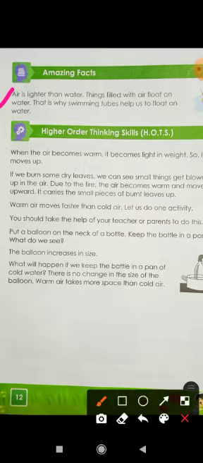So that is why kids use swimming tubes while swimming for safety purpose, as it keeps them floating up. That is why swimming tubes help us to float on water. Okay, kids? Now next.